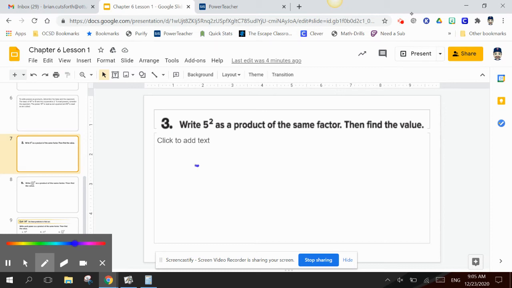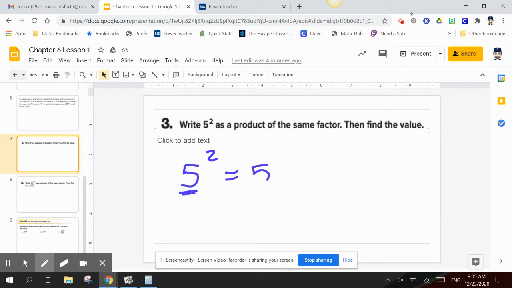So 5 squared, or 5 to the 2nd power, is the same as 5, our base number, multiplied 2 times. So I have 2 5s. So 5 times 5 is the product of the same factor. Then to find the value, I simply have to multiply 5 times 5, which is 25.